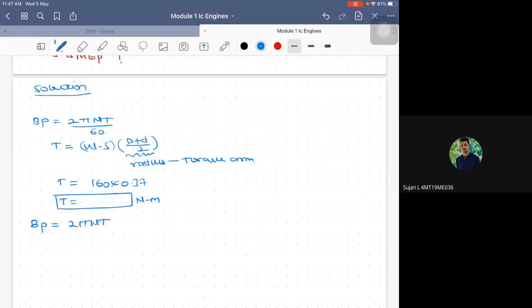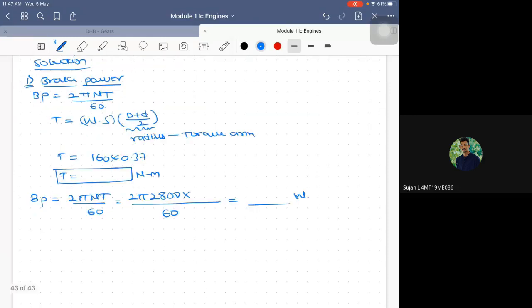So it is 2 pi times 2800 cross the torque, whatever you have calculated, divided by 60. Whatever you get, this should be in watts. So the first thing you are calculating is the brake power.